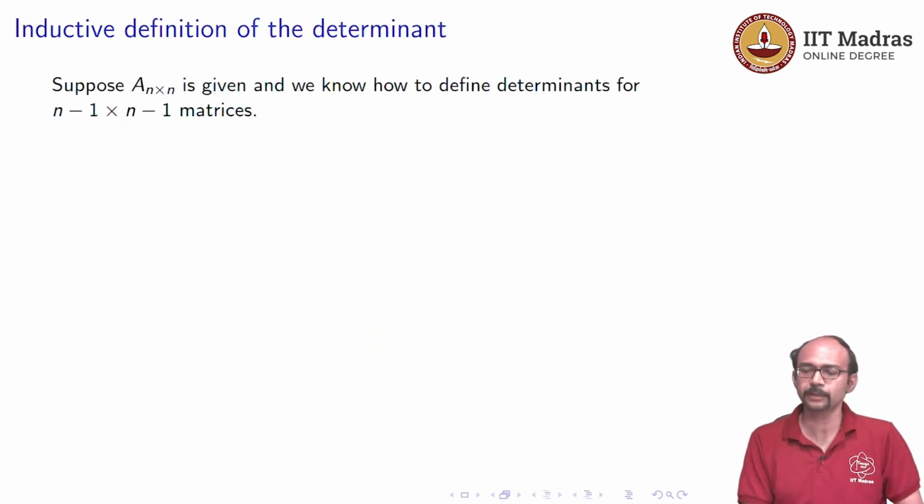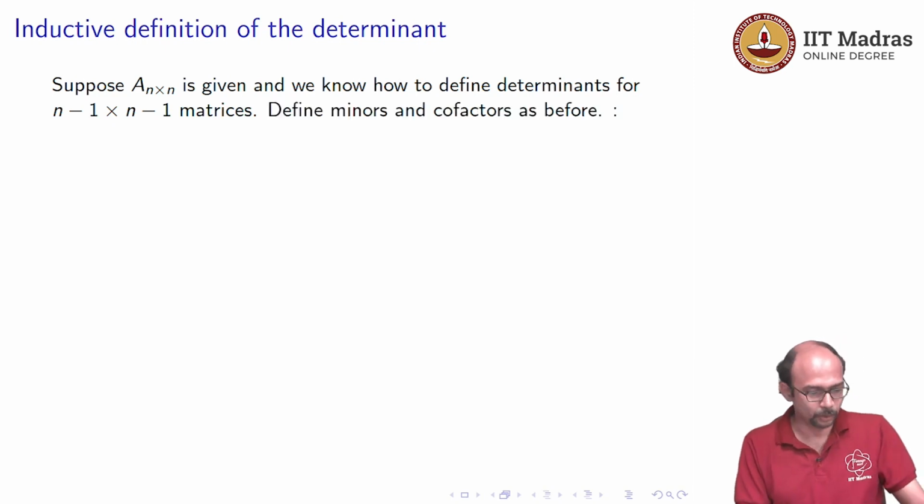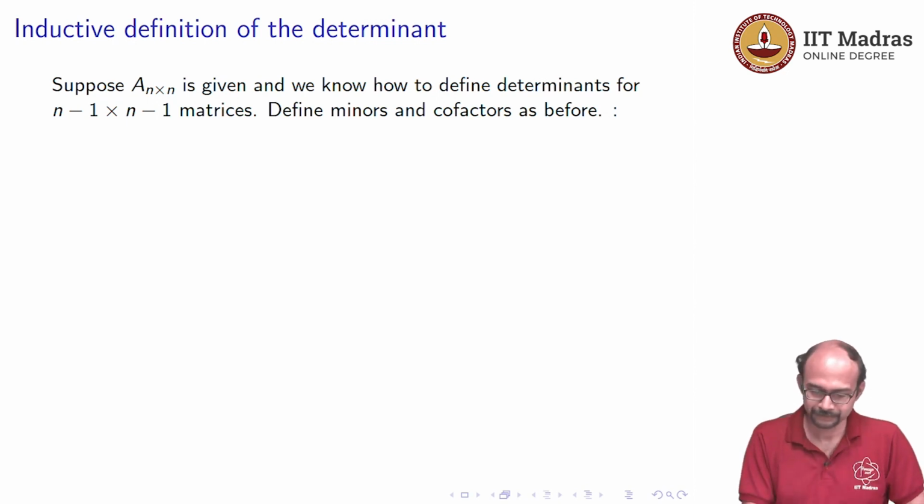So, here is the inductive definition of the determinant. Suppose you have a matrix of size n by n, and we know how to define determinants for size n minus 1 by n minus 1 matrices. Then we will define minors and cofactors as before.